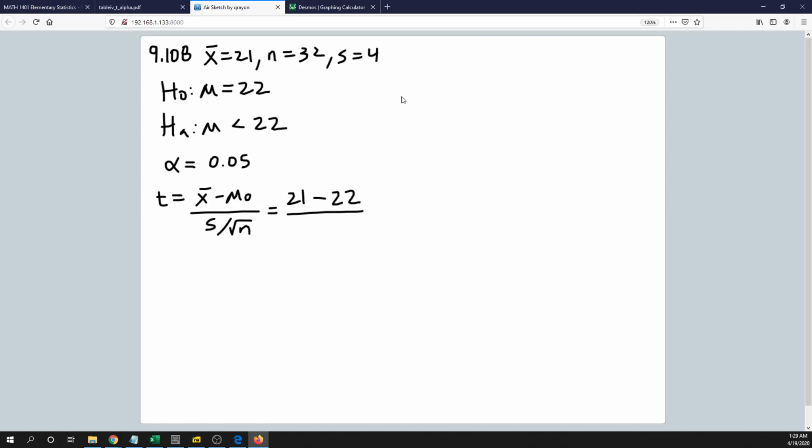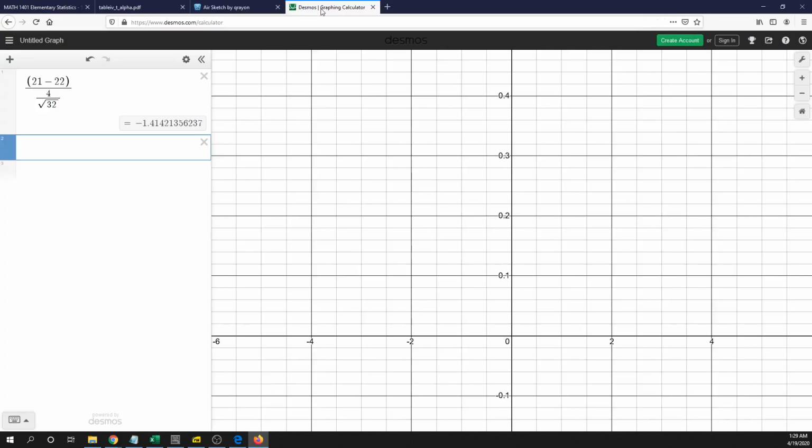Our sample standard deviation is 4, and our sample size is 32. So we'll need to compute that out, and I've already got that down over here. That comes out to be minus 1.41.